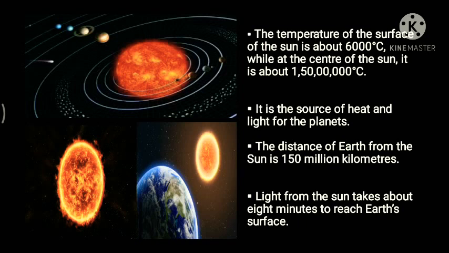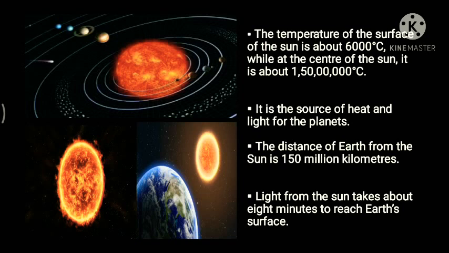The temperature of the surface of the sun is around 6,000 degrees Celsius. Just imagine how much heat it is. At the center of the sun, it's about 1.5 lakh degrees Celsius. It's out of our imagination, you can call it.